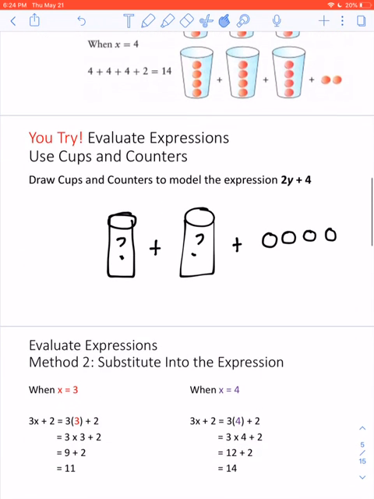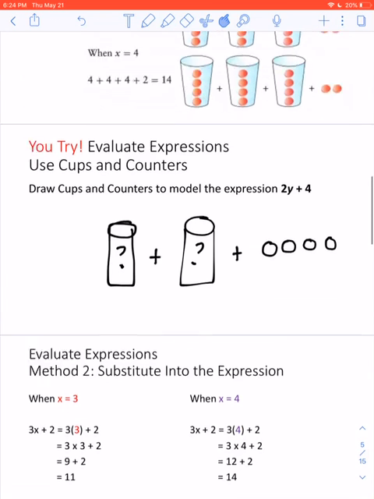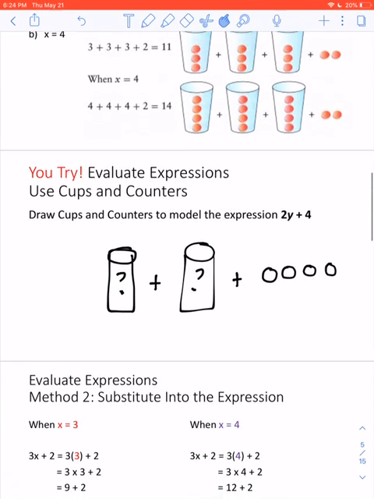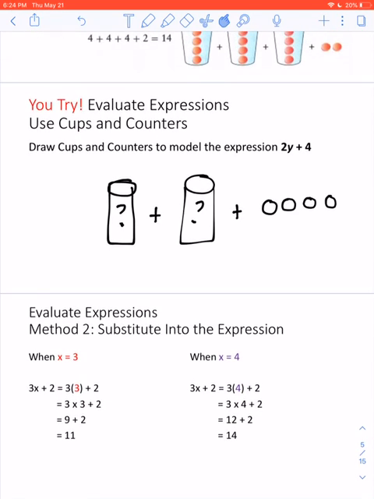We are now going to look at evaluating, substituting into the expression. So that's very similar to what we just did right here. When I told you that x was 3, that meant that there were 3 counters in each cup. We're going to look at a different example here, and I'm going to give you an expression and tell you what x is.